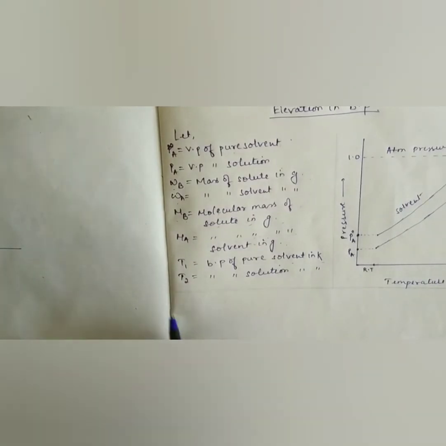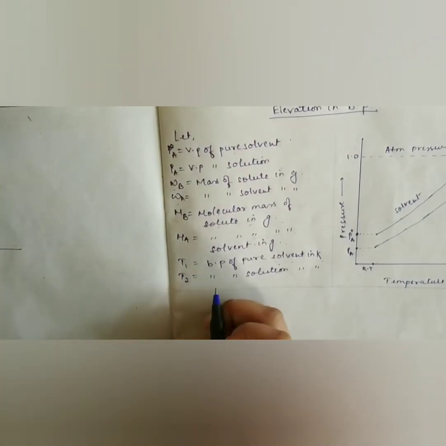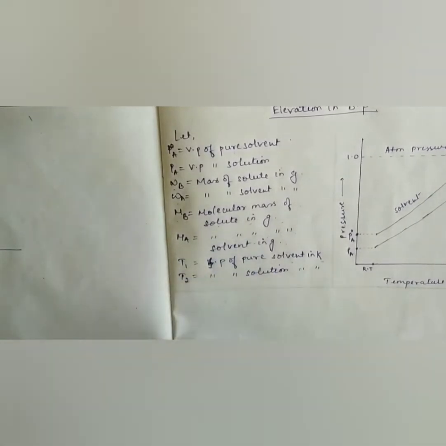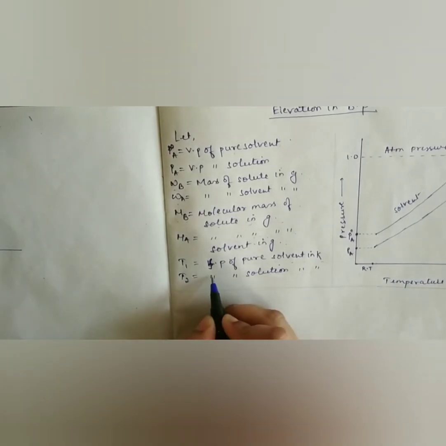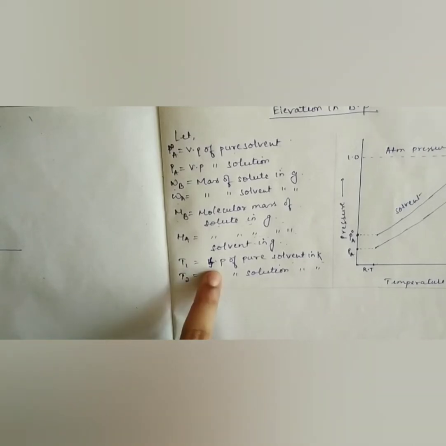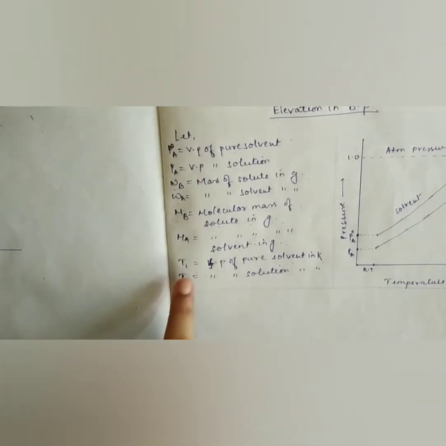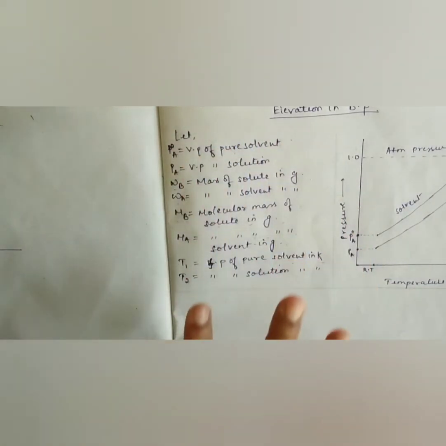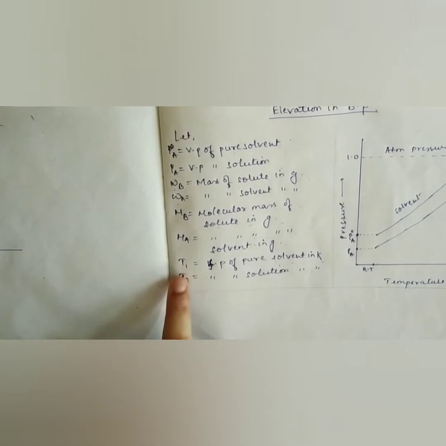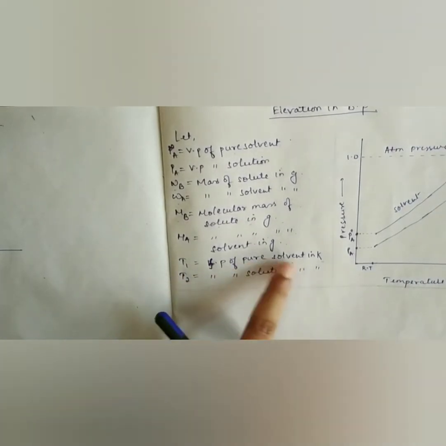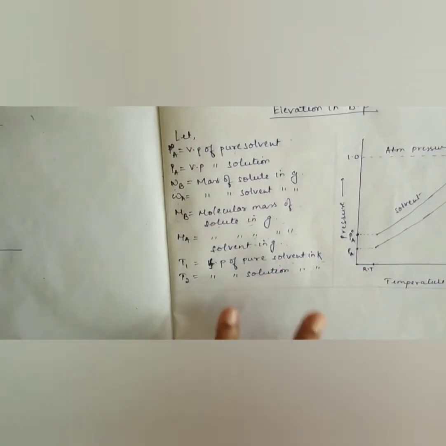The slight change will be here. T1 will be the freezing point of the pure solvent and T2 will be the freezing point of the solution. In the previous case, we had taken T1 as the boiling point of the pure solvent, and here all other quantities I'm keeping the same. Just T1 is now represented as the freezing point of the pure solvent in Kelvin, and T2 is the freezing point of the solution in Kelvin.